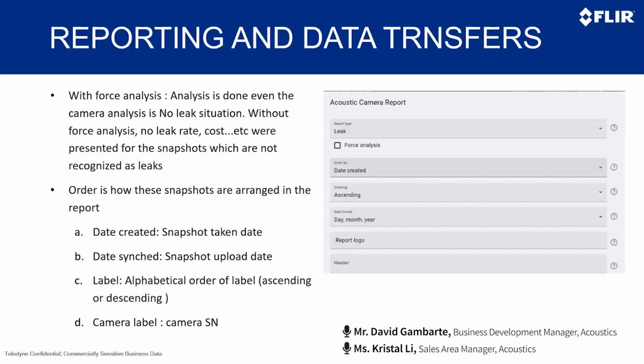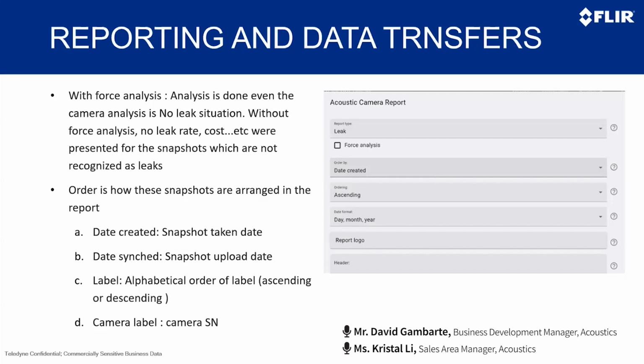If we don't click this, there is no leak size and cost analysis showing in the report. But if you click, even if there is no leak situation, we still force the analysis to provide the parameters or analysis results. This is only applied for the leak report, so this is something we want you to remember.